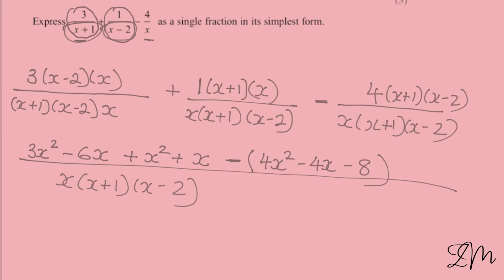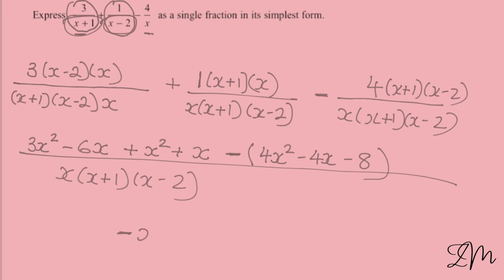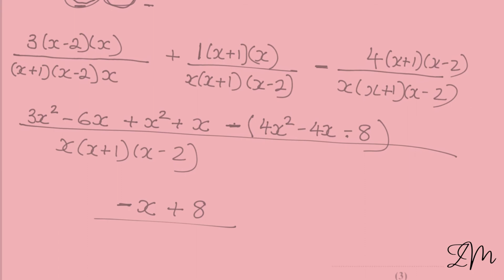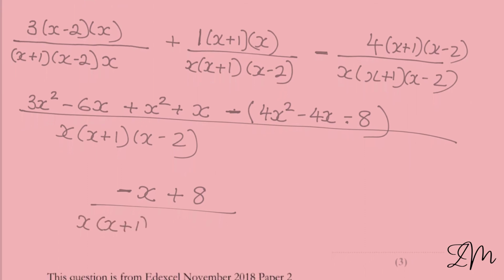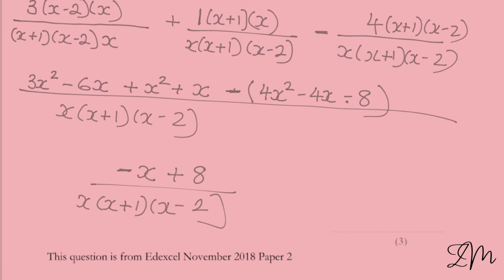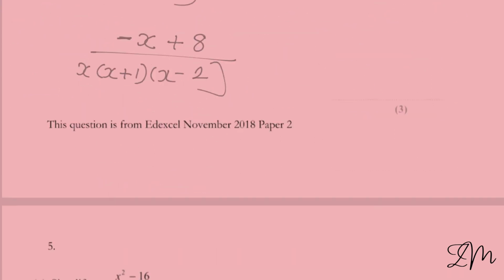Minus 6x plus 4x plus x, which is going to leave us with minus x plus 8, because you've got a minus and a minus, and we end up with the same answer. So whichever way that you think is easier is the way that you should use. Right.